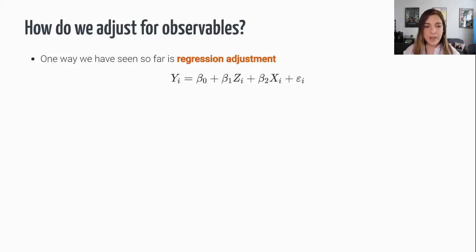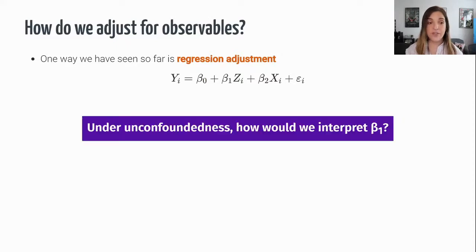We've already seen this, where we have the outcome of interest, the treatment assignment in this case, and some characteristics of the unit i. If I control for those, and I'm assuming unconfoundedness, then beta 1 will have a causal interpretation. I can make a causal claim on that coefficient.